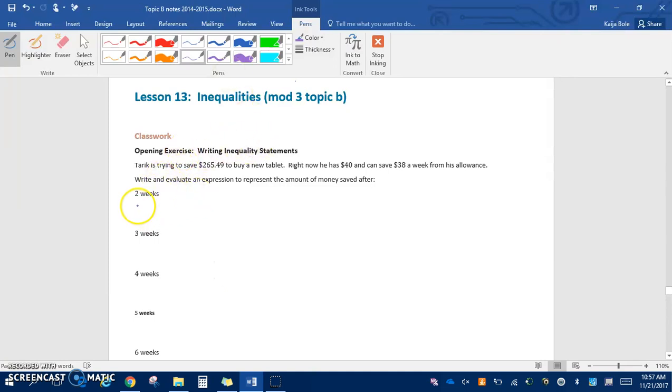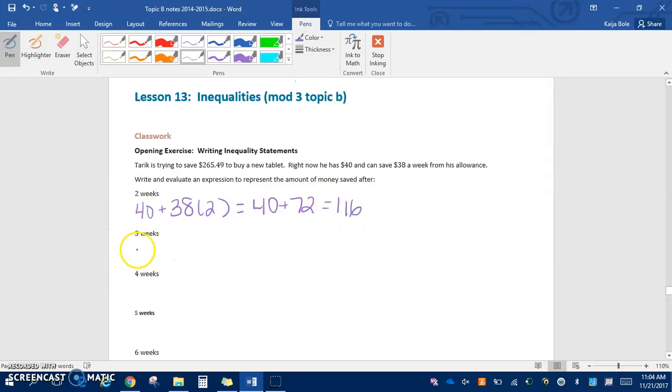So we know he has $40 plus the $38 per week, so this would be 38 times 2, and this is how much you'd have after 2 weeks. If we multiply it, we get 40 plus 76, not 72, this should be 76, and this equals 116.